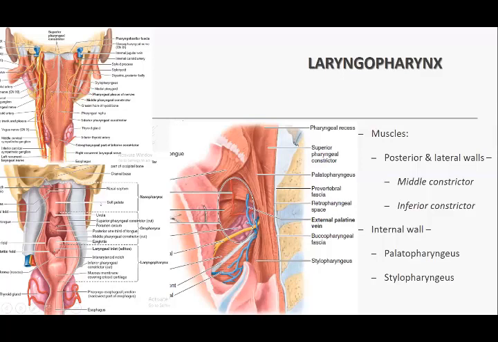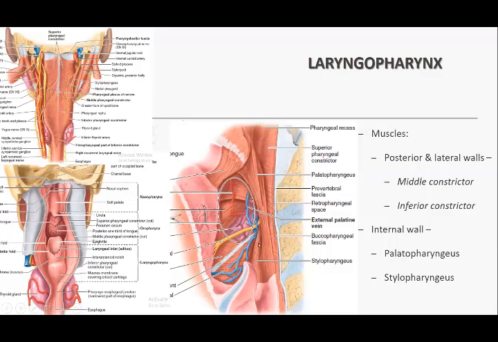Laryngopharynx. This part is the laryngopharynx. So it will be the middle constrictor and the inferior constrictor. These are forming the posterior and lateral walls of the laryngopharynx, okay? And on the inside you have these muscles, palatopharyngeus and stylopharyngeus.